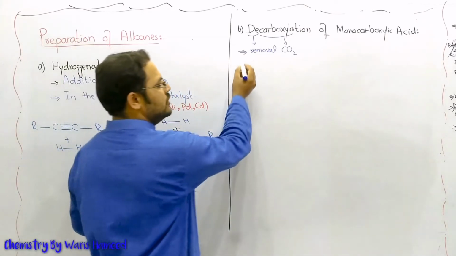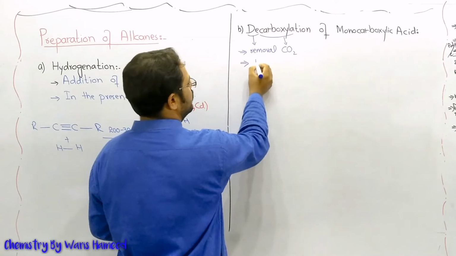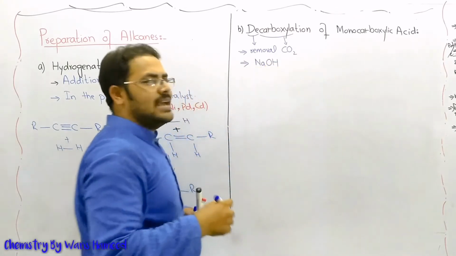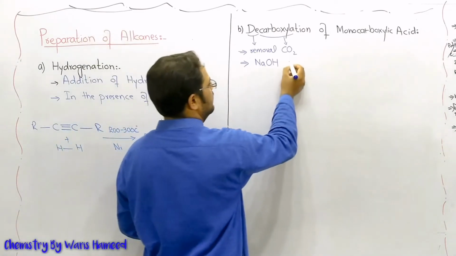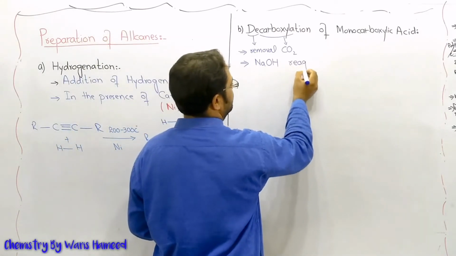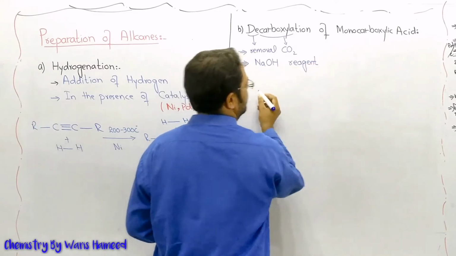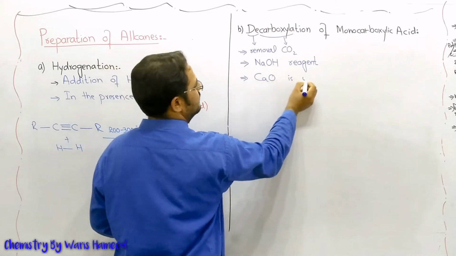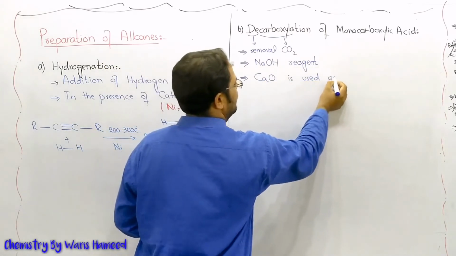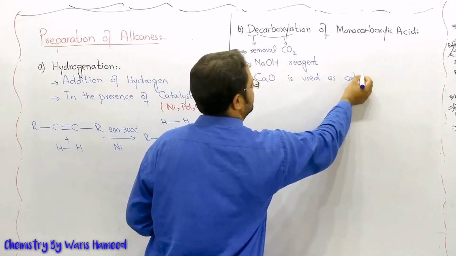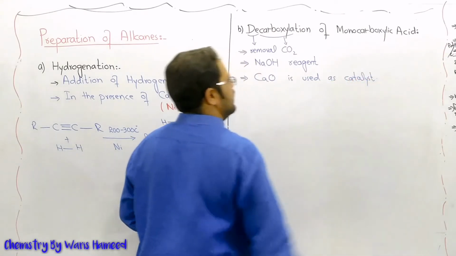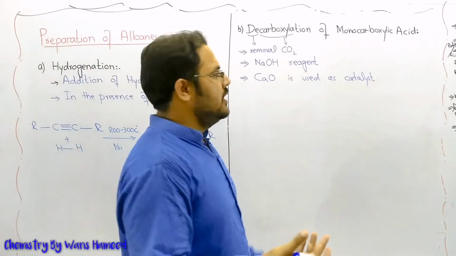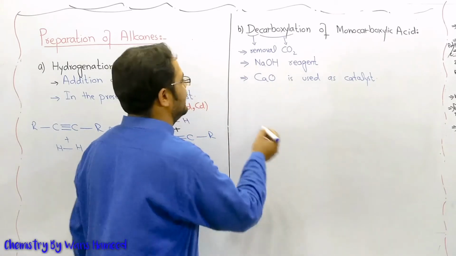In this we use sodium hydroxide, NaOH, as a reactant or reagent, and calcium oxide, CaO, as catalyst. When we combine these three things, we just have to heat the mixture and it will form an alkane.